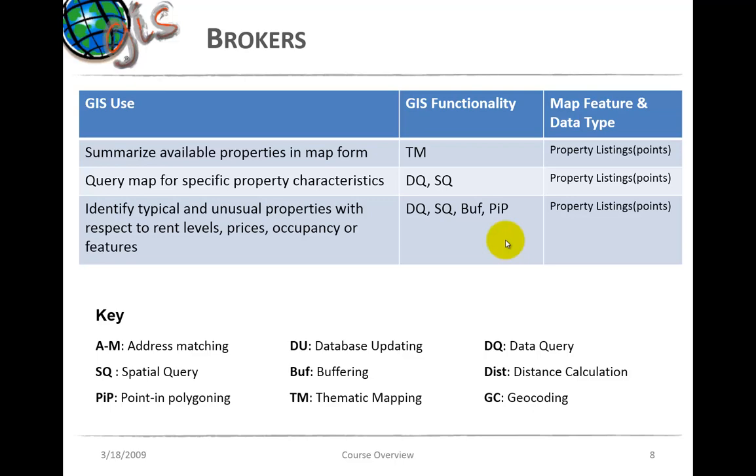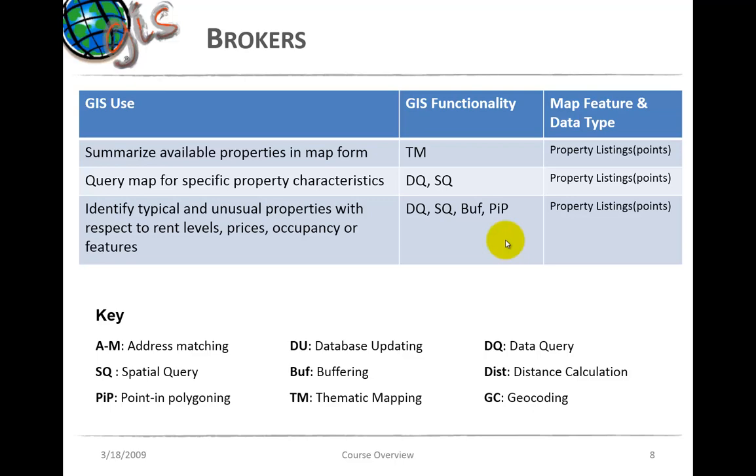Think of this as a Zillow or Trulia interface, where you go to this GIS application and say, I want to look for a one bedroom property in this school district at a certain price range. It depends on what you are trying to find, and then you can use a variety of spatial queries and attribute queries for this kind of task.